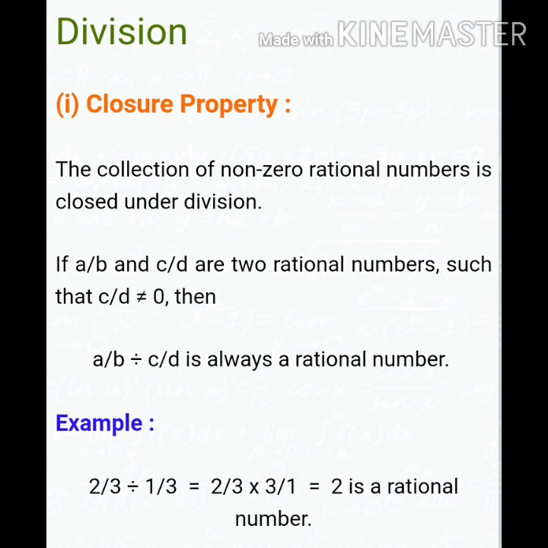When we convert divide into multiply, 1 over 3 will be changed into 3 over 1. And after that we will multiply the numbers. 3 will cancel the other 3 and 2 will be multiplied by 1. 2 ones are 2. And 2 is a rational number.